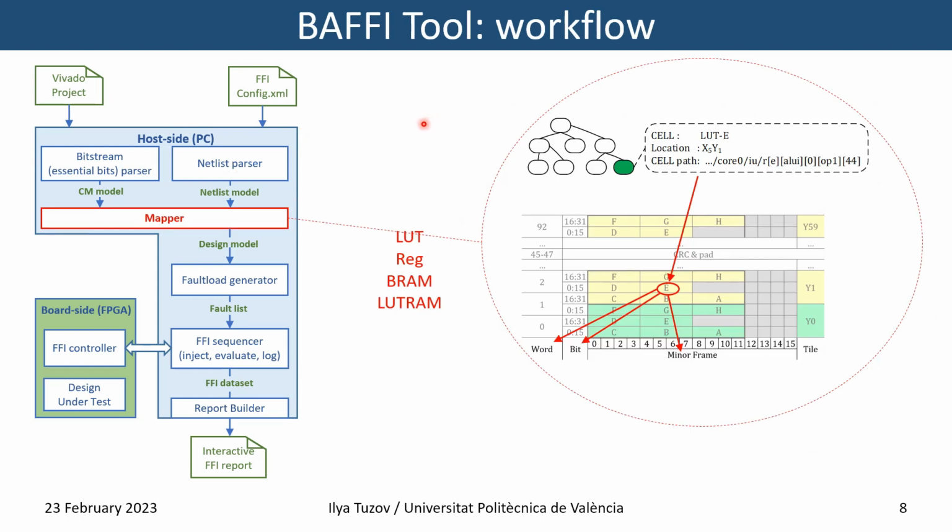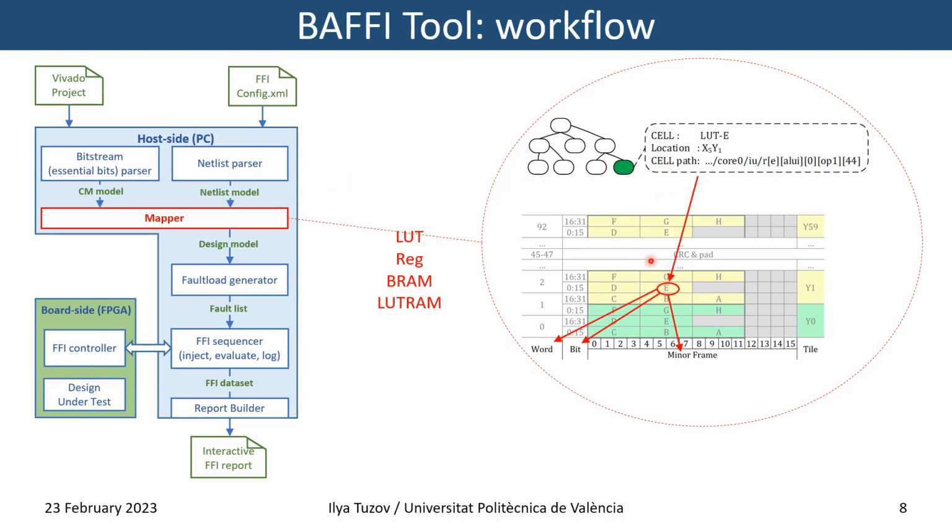So once the BAFFI tool is invoked, it first parses the design files. The debug bitstream and essential bits are parsed into a model of configuration memory. The hierarchical netlist and logic location files are translated into a netlist model. And then the mapper module locates essential bits of each cell from the hierarchical netlist.